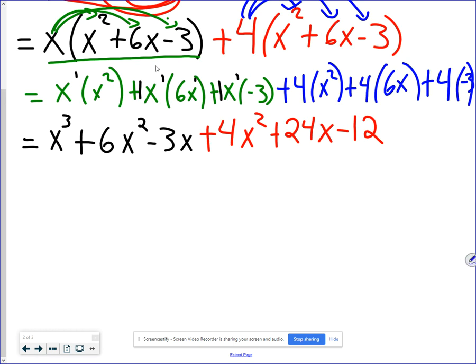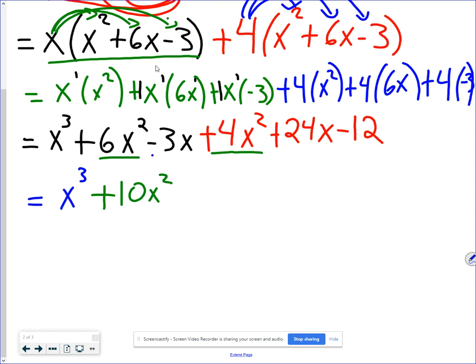So this x to the third doesn't have any like terms, so we'll just drop it down, x to the third. We have an x squared term here, and an x squared term here. So we have plus 6x squared plus 4x squared, so that will be plus 10x squared.